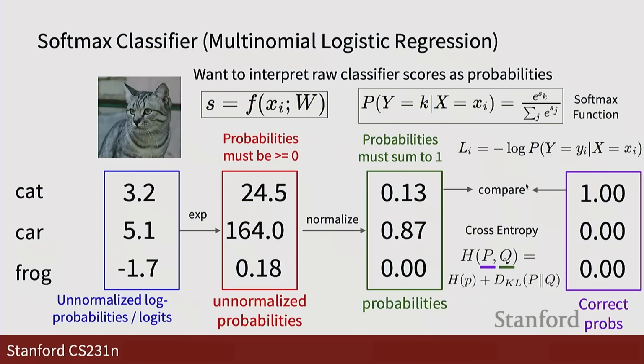And even going further, this is exactly the cross entropy function, because if we use the entropy of P, the entropy of the correct probabilities, plus that same KL divergence, again, this simplifies into the same negative log function, and that's because when we use one hot encoding for the classes, the entropy is 0.